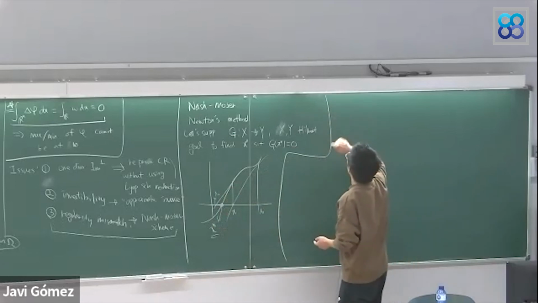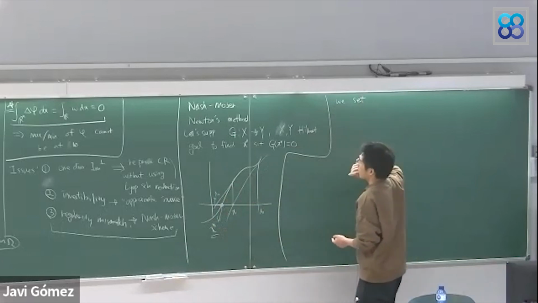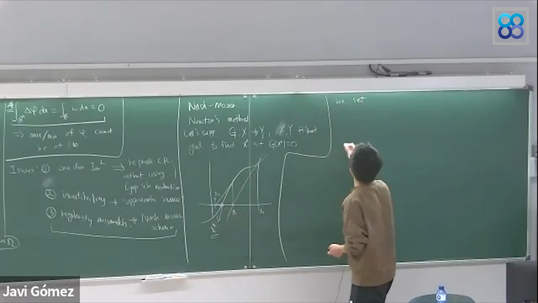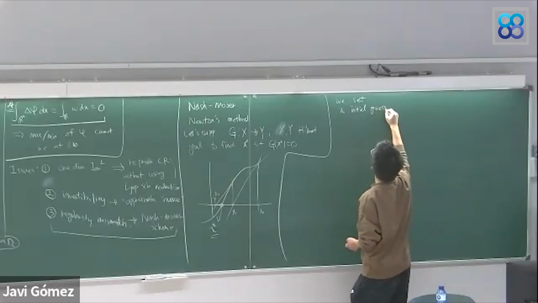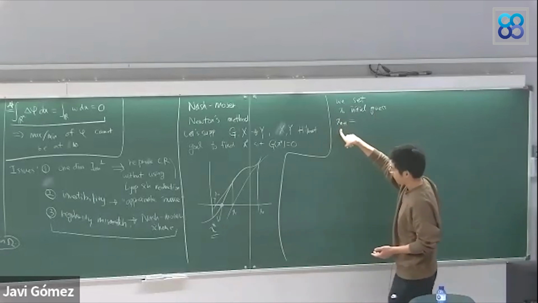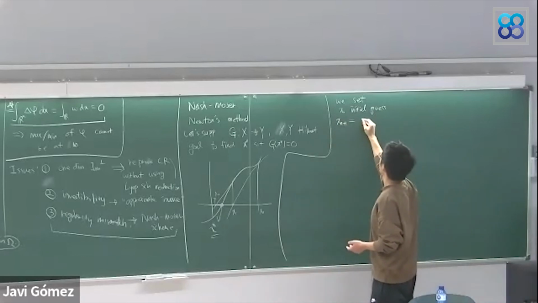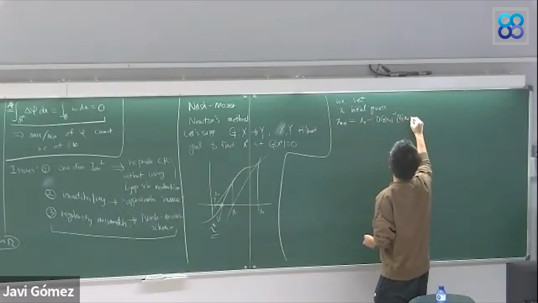More precisely, we set the sequence of these approximate solutions in the following way. So x naught is your initial guess, and then you update your next approximate solution as follows: x n plus 1 equals x n minus dg of x n inverse of g of x n.